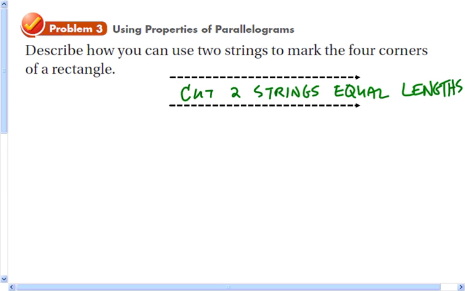Now that we have that, we find the midpoint of each of those strings. The way you could do that is just fold the strings in half. So we find the midpoint of the strings and mark them.